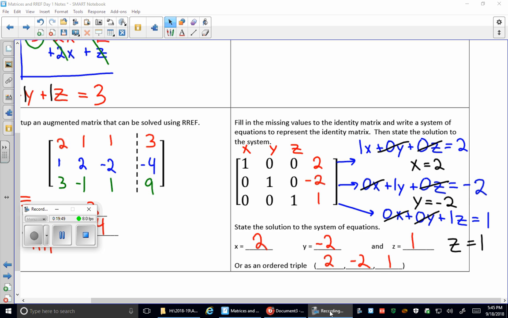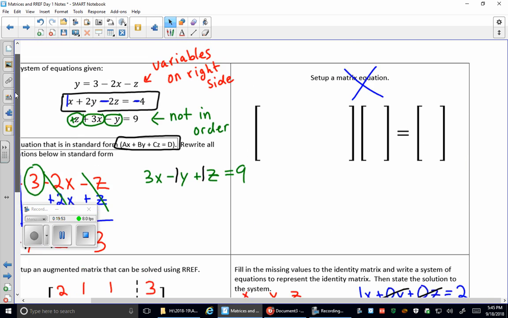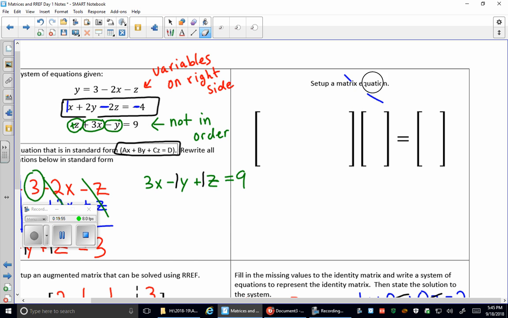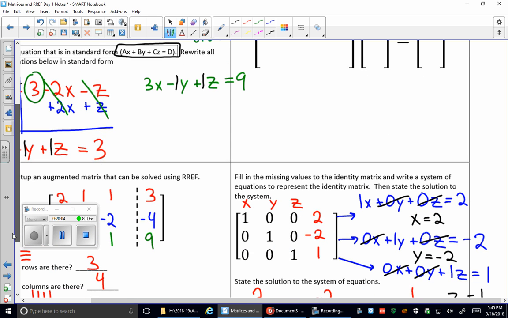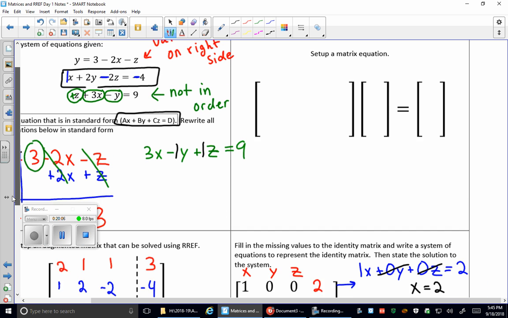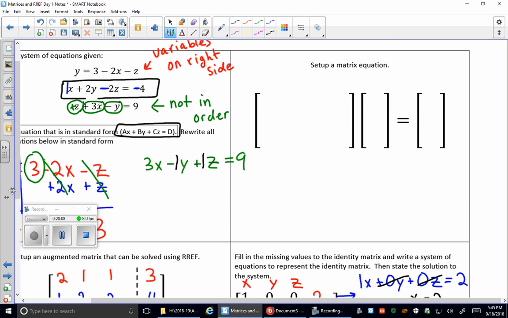For those that want to see the matrix equation, I'll slide up so you can take a look at that. So here, the matrix equation, after we set everything up from down below, would pretty much be those same numbers there. So we wanted the order of x, y, z.